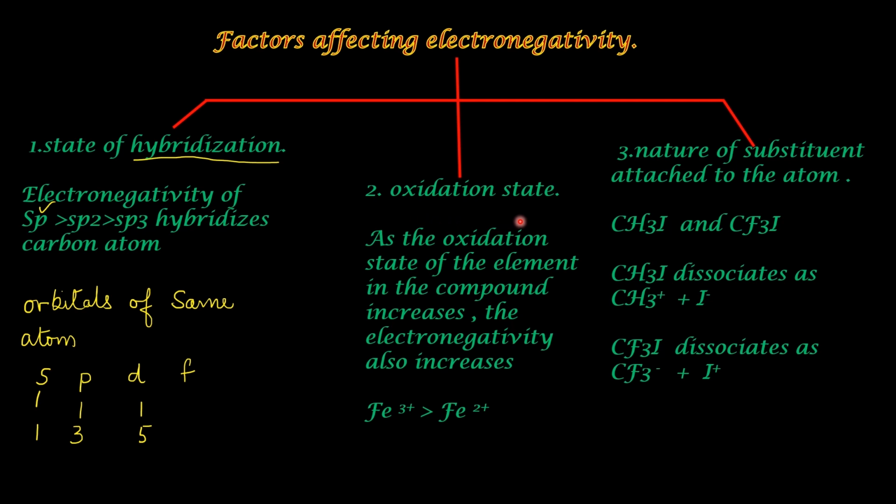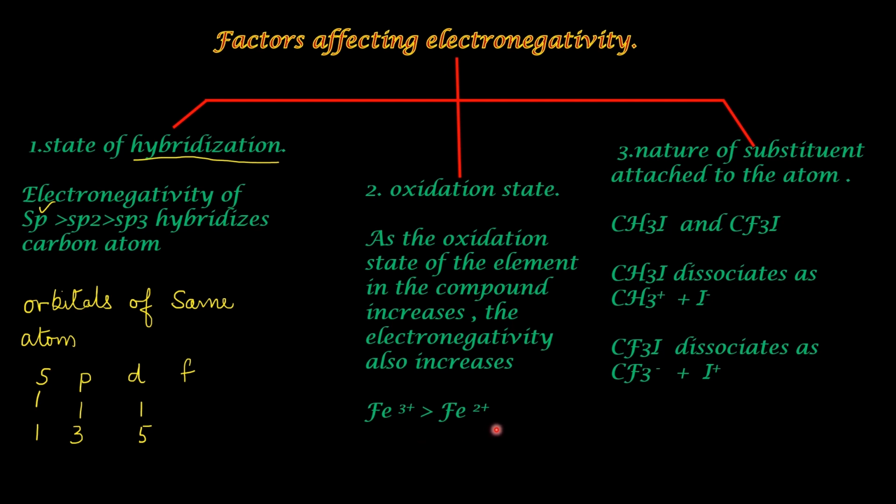Now the second factor, oxidation state. Elements belonging to the d block, that is transition elements, have different valencies. They have variable valencies. They acquire different oxidation states in different compounds. You have already learned that the same transition metal, when it acquires different oxidation states in different compounds, takes up different colors. Let us take the example of iron 3 plus and iron 2 plus.